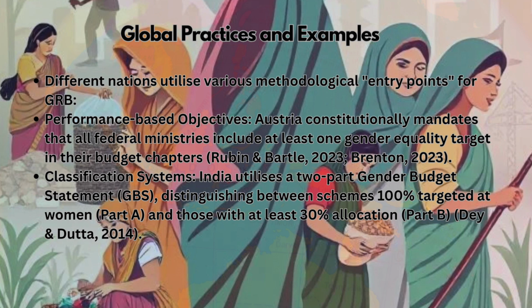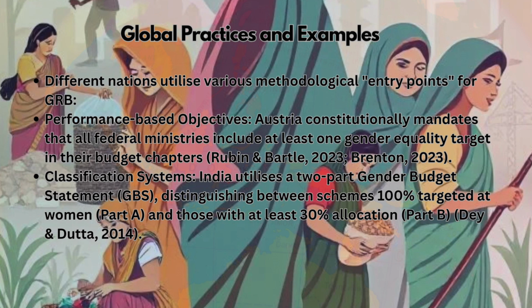Different nations utilize various methodological entry points for GRB. One is performance-based objectives. For example, Austria constitutionally mandates that all federal ministries include at least one gender equality target in their budget chapters. Classification systems.